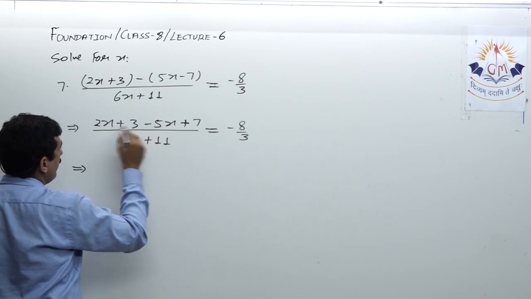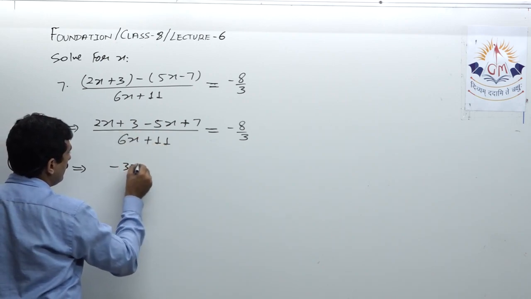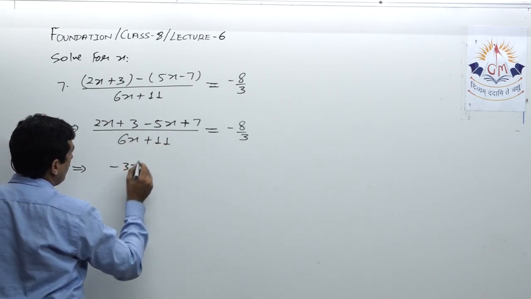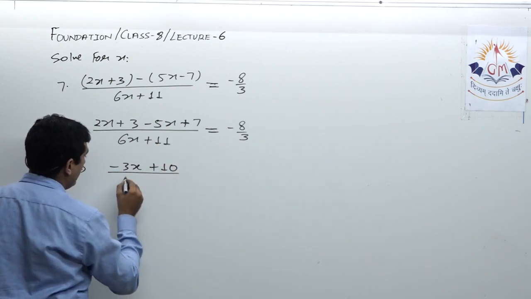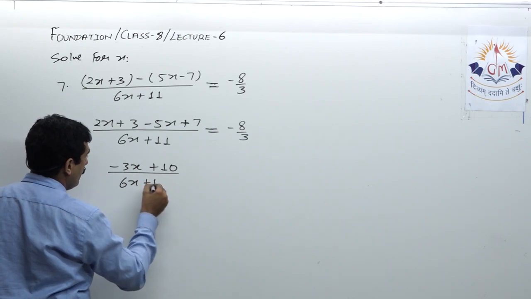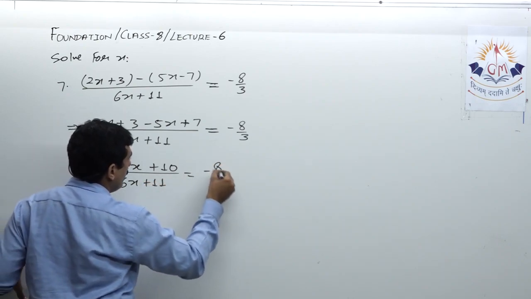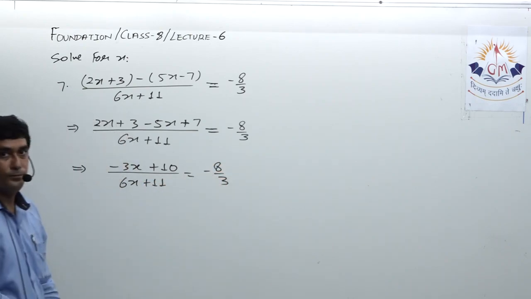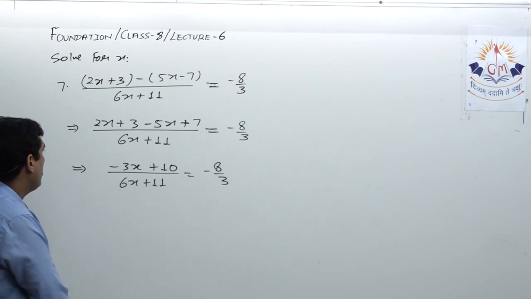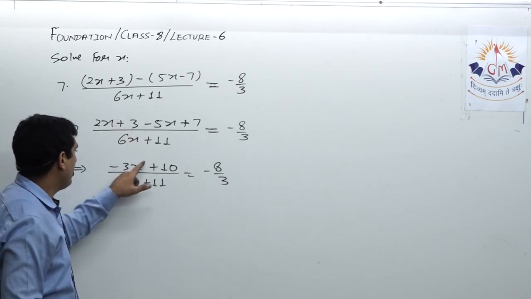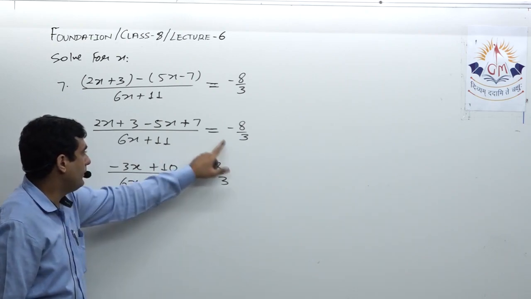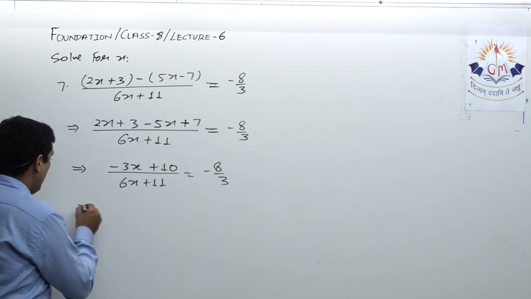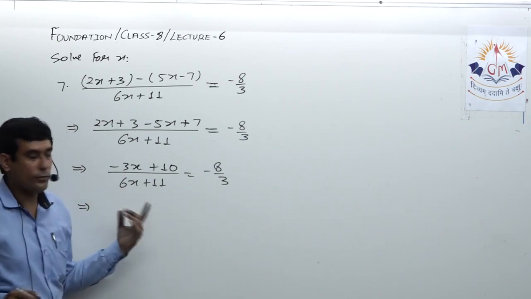Now here 2x minus 5x, that is minus 3x, and 3 plus 7, that is 10, divided by 6x plus 11 is equal to minus 8 upon 3. Now I'll start the same thing, that is cross multiplication.